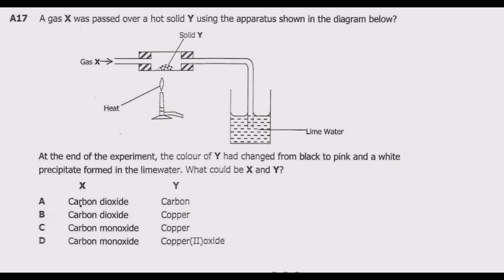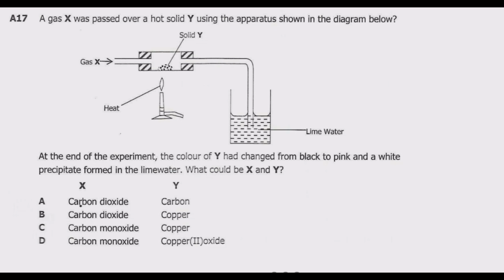What could be X and Y? A: X carbon dioxide, Y carbon. B: X carbon dioxide, Y copper. C: carbon monoxide as X, then Y copper. D: carbon monoxide, then Y as copper oxide.